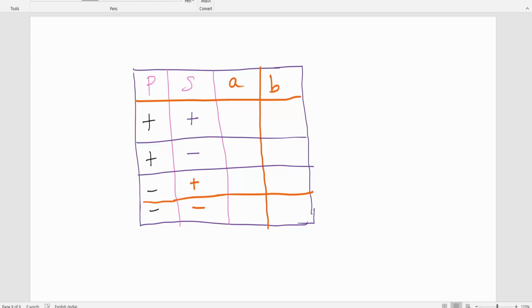As long as your product is positive, the moment you see that, we will be adding the two numbers, that is, we'll find the sum of the two numbers. The moment you see that the product is negative, all you have to do is find the difference between the two numbers.